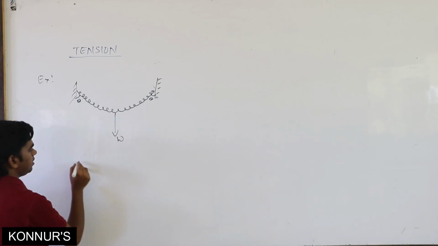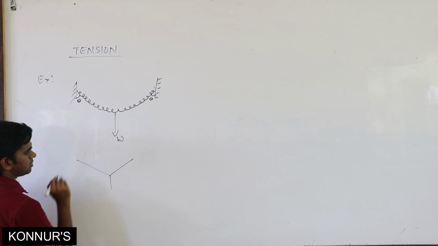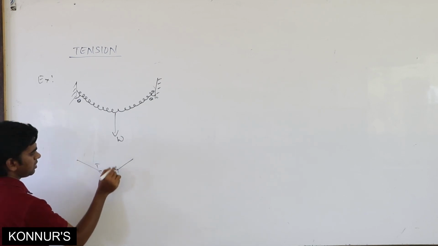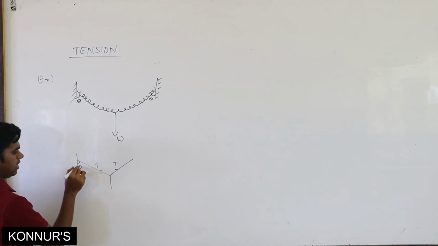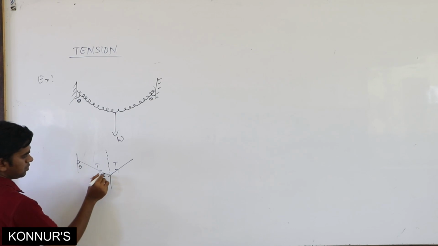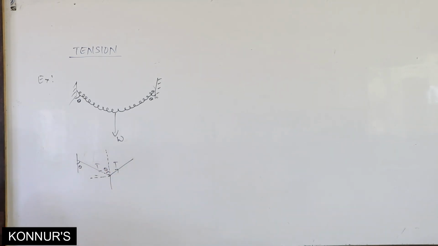If I draw this here, it is like this. So where will be the tension? Tension is here. Here it is making angle theta, and this is also going to be angle theta.